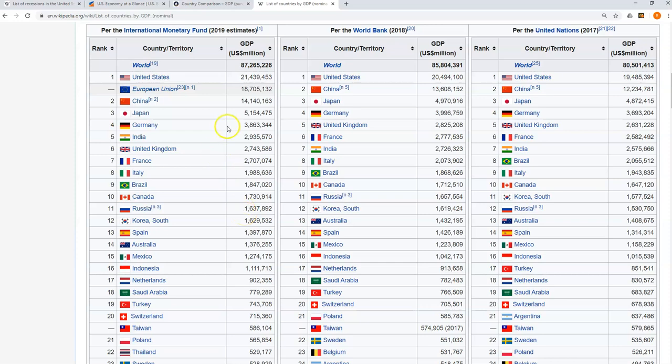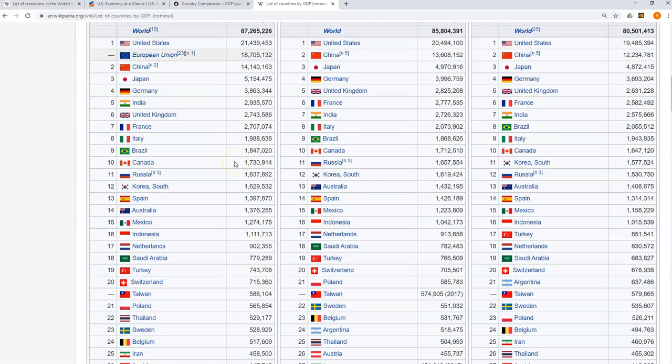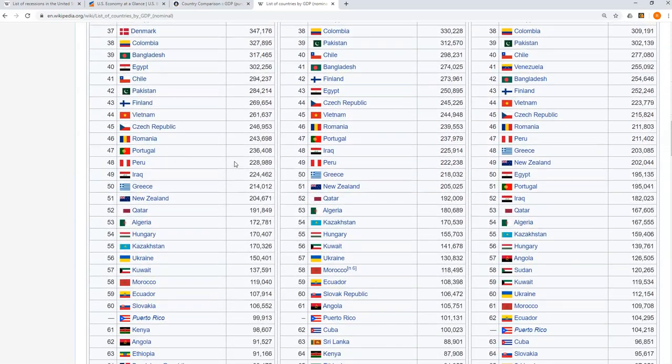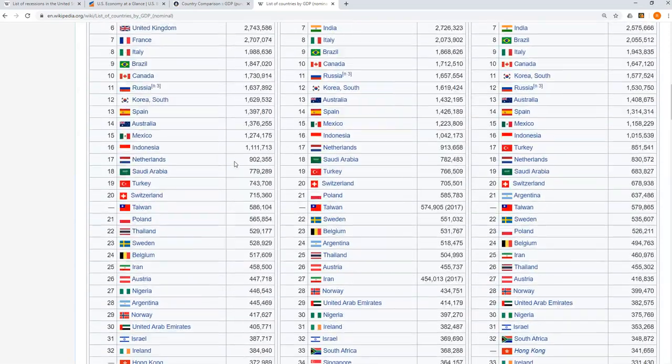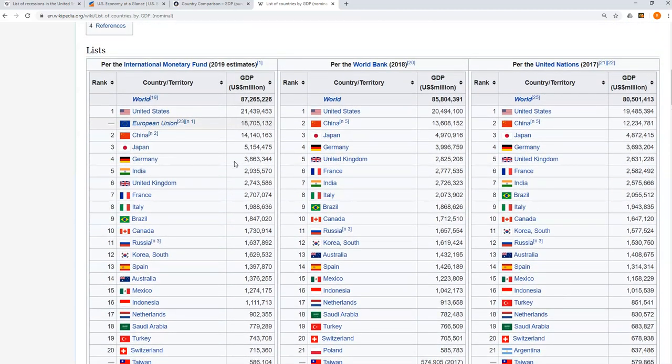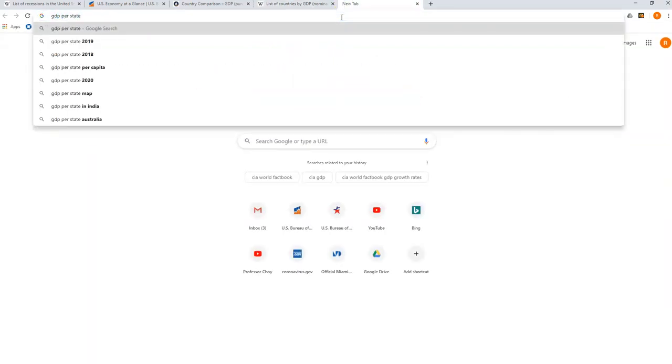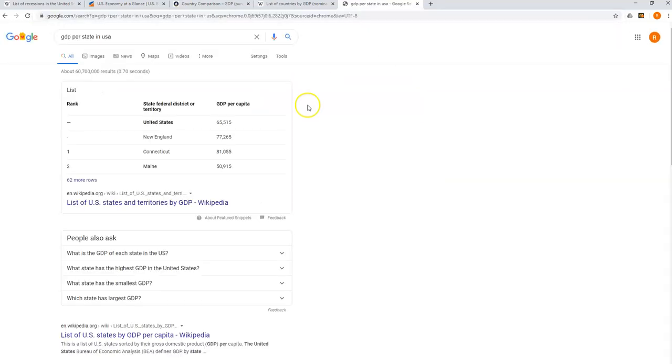All right? If you use nominal GDP, this is the list of countries by nominal GDP. All right, now to give you an idea how big some of the states in the US are, let's take a look at GDP per state as well in the US.